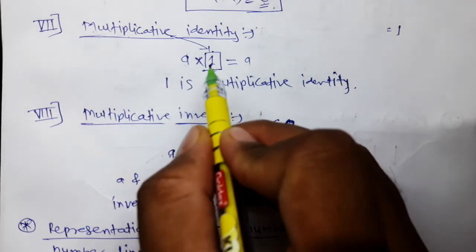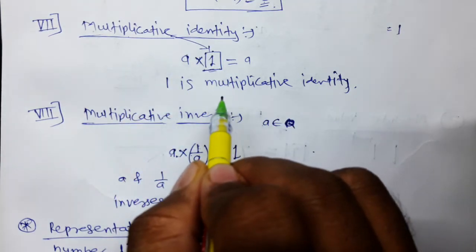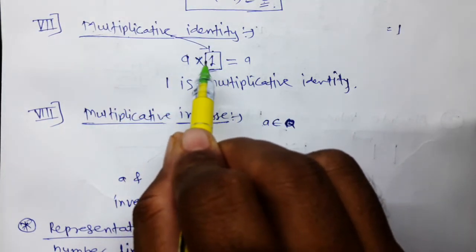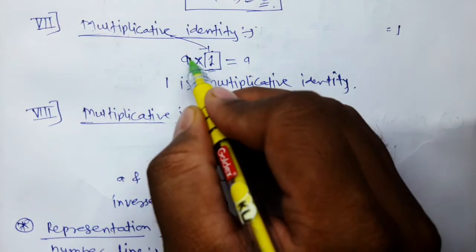It means that 1 is the multiplicative identity, so if we multiply 1 with a, we get the result a.